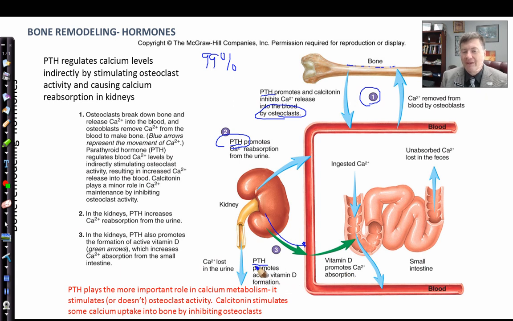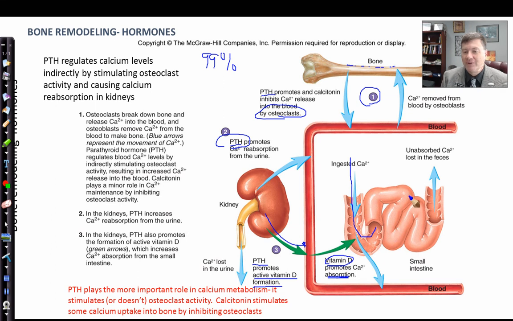And there's another mechanism for saving calcium. The third way that PTH helps with calcium levels in the blood is it promotes the active vitamin D formation. As we said before, with the integumentary system, we make the precursors to vitamin D, and that's important for absorbing calcium. PTH can make that process happen too. So it promotes the production of vitamin D. Vitamin D is very helpful as we eat meals and as food passes through our intestines.